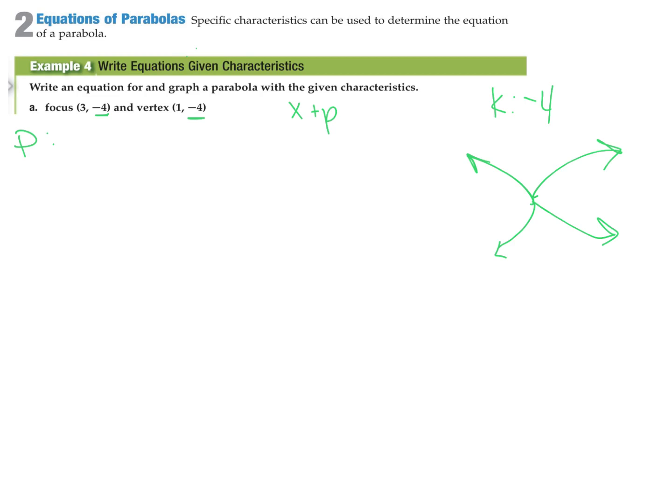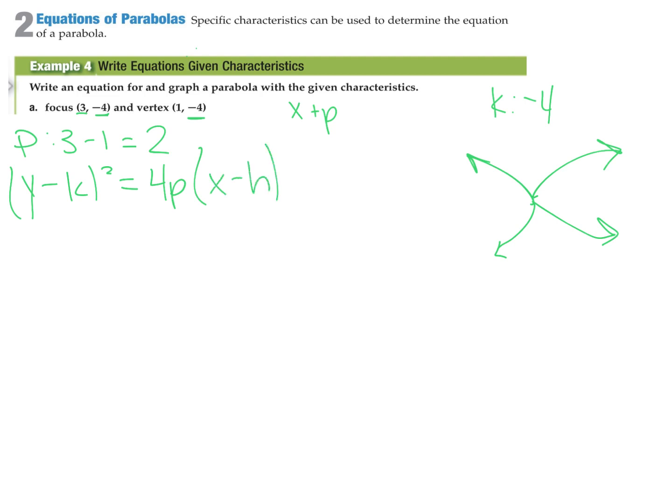So we need to see what the focus is. The value of p is 3 minus 1, because it's the focus minus the vertex. So that's 2. That's our first part to our equation. So we're going to be writing our equation: y minus k squared equals 4p times x minus h.